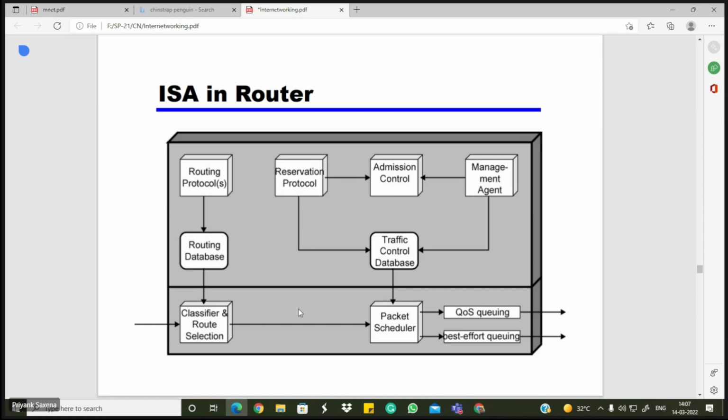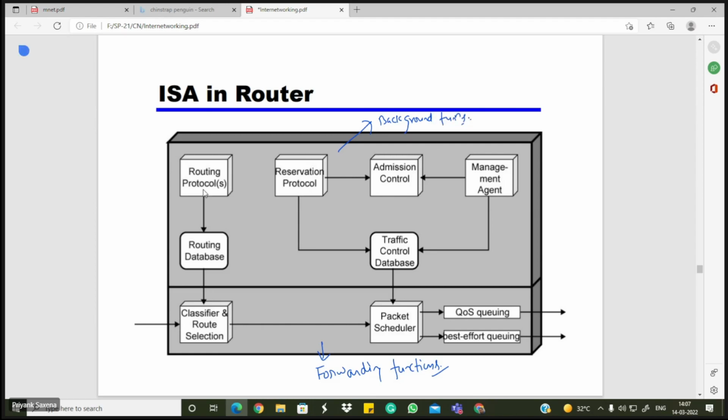See, there are two things. This portion is known as forwarding functions. All these functions are integrated in the routers, and these are called the background functions. So what is there in the background?